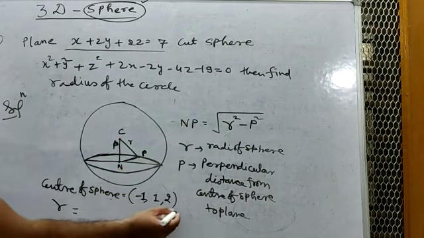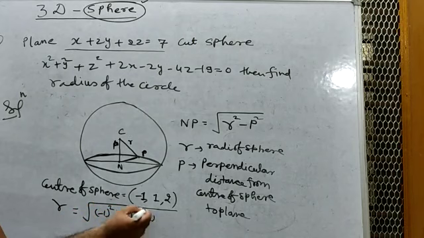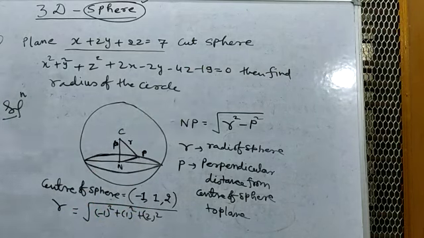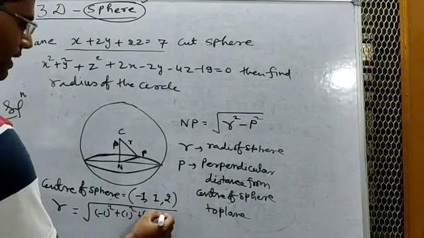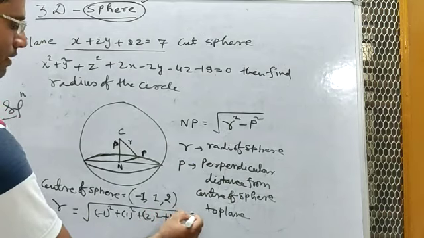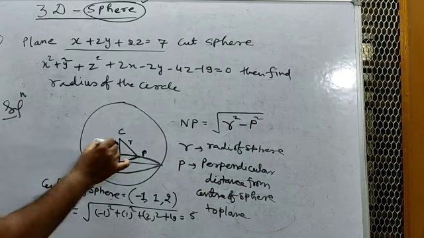The radius is the root of minus 1 whole square plus 1 whole square plus 2 whole square, and here minus 19 is given, so we put the value of plus 19. So we get root 25, that is 5. We get R, and now our aim is to find the value of P.